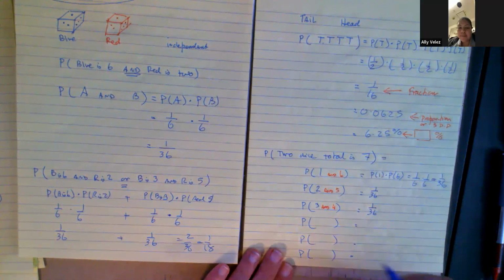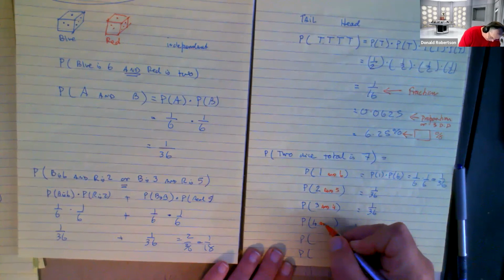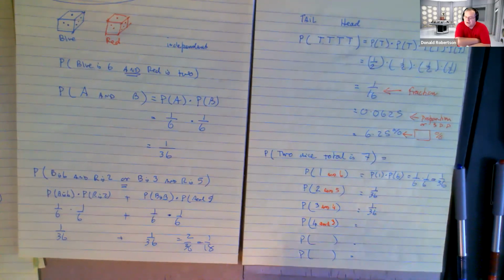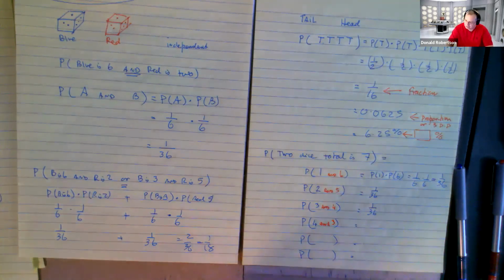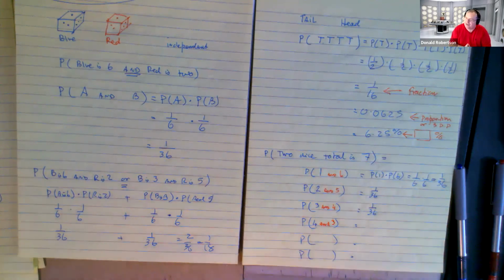4 and 3. Yeah. And you might think, but we've already done a 4 and 3. Not really. Isn't a blue 3 and a red 4 different than a blue 4 and a red 3? Wouldn't they be two different events? You imagine you saw them and I took a picture. Wouldn't they be different colored dice with different numbers on them?